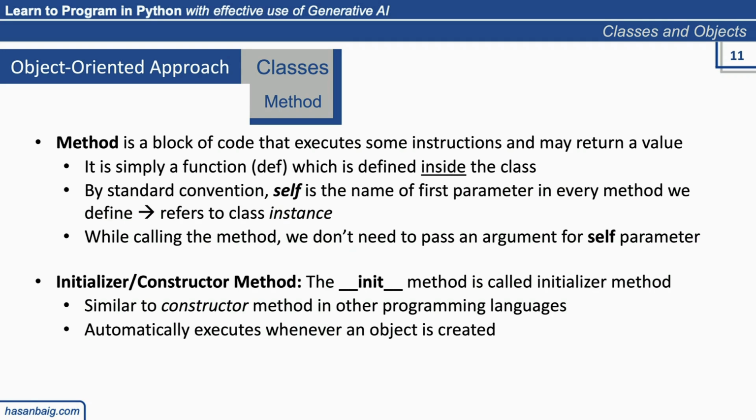If I have, let's say, a and b, it means that whenever I call this function, I need to pass the values for these two parameters. Make sense? So we do not need to pass anything for self unless we have any other parameters defined in our method, and you will see in the demo. Any question here?